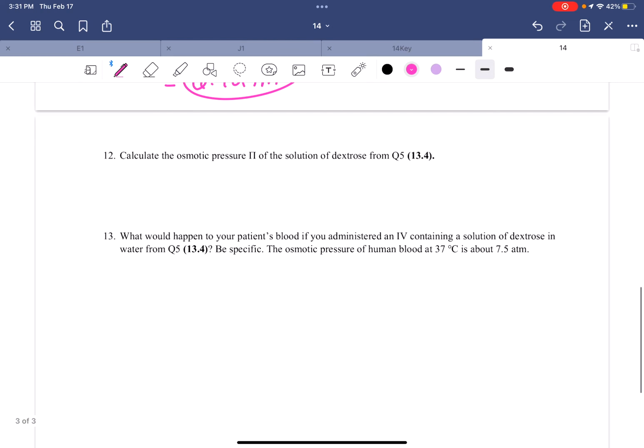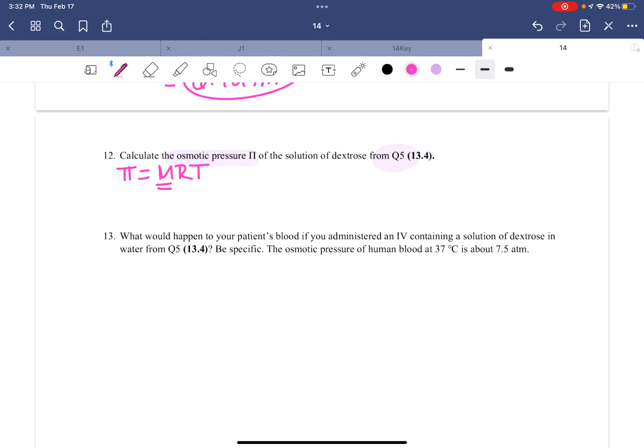Now, if we go down to question 12, that's again asking about the osmotic pressure, but this time it's asking about the solution from Q5. And so it's the exact same calculation of osmotic pressure, which is equal to mRT, but we don't know yet what the concentration of that question 5 solution is. So we can calculate that really quick.